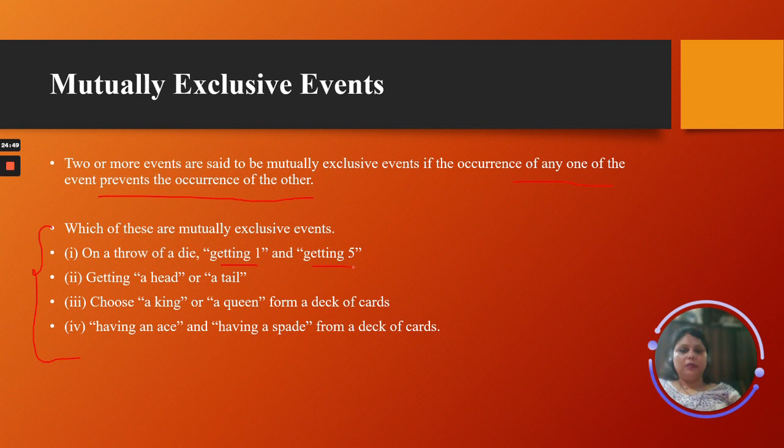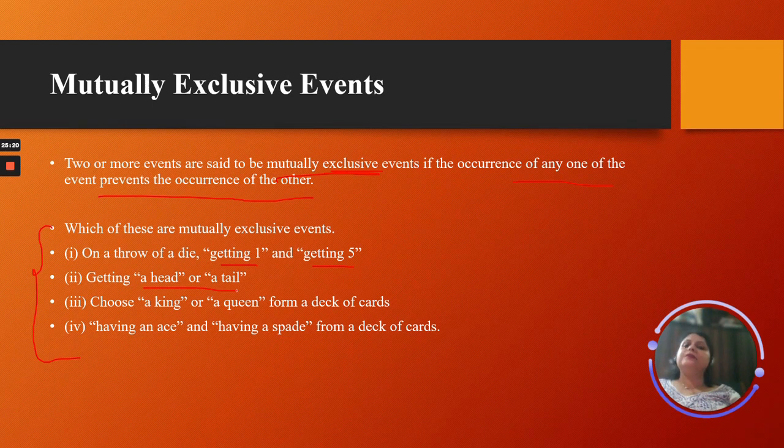Then let's take this example: the event of getting an ace or the event of having a spade when you pick a card from a deck of cards. When you pick a card, you might get an ace. There are 4 aces, one of each suit. And there are 13 spades. So when you pick a card, you can get an ace or you can get a spade.